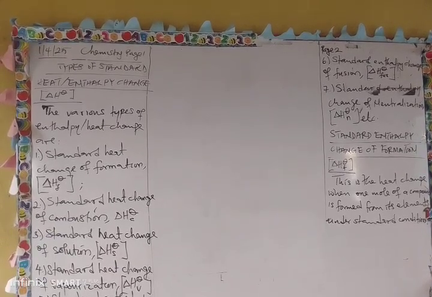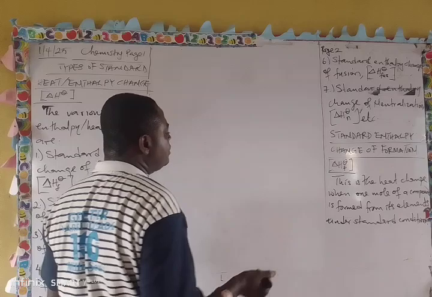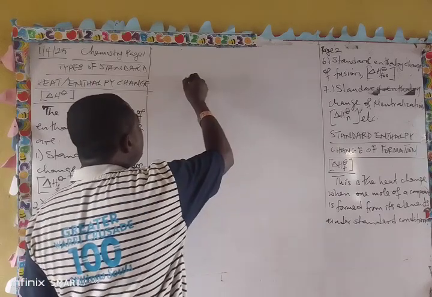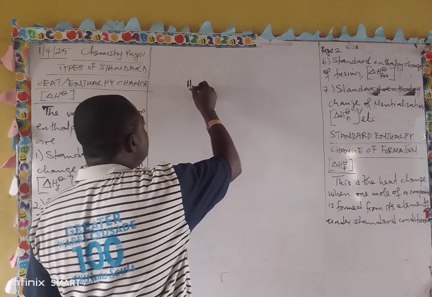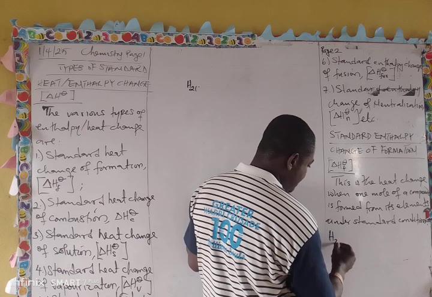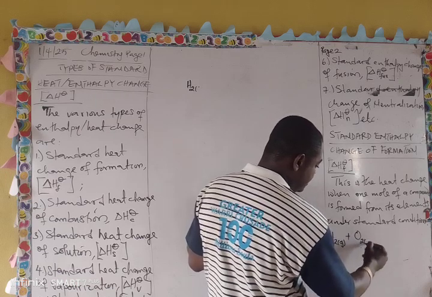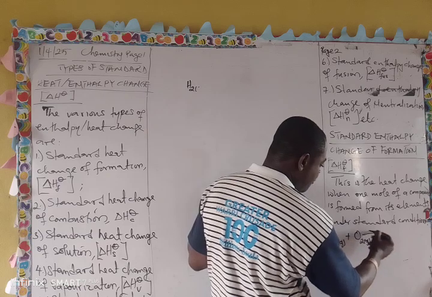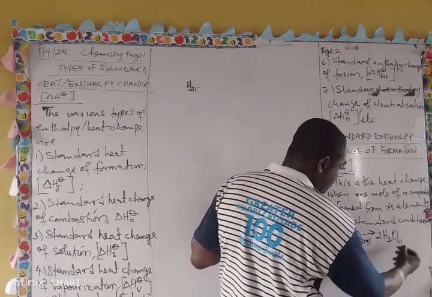So for example, water can be formed in various ways. We have H2O formed when hydrogen gas combines with oxygen gas to form 2H2O liquid.